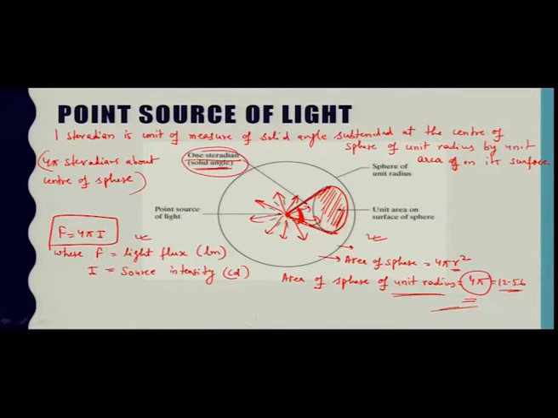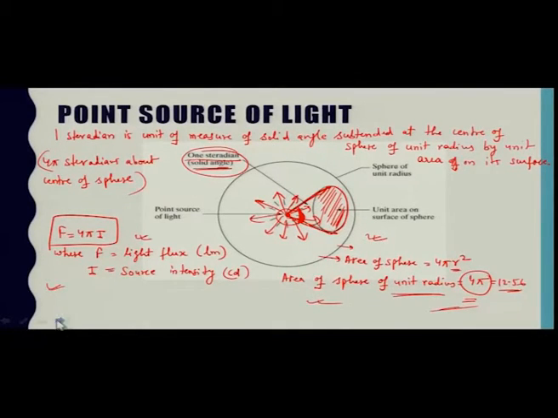So now, in practice there is no such thing as an isotropic point source of light. Luminous flux radiates from a real light source with different intensities in different directions.